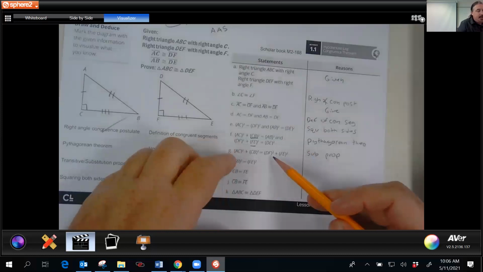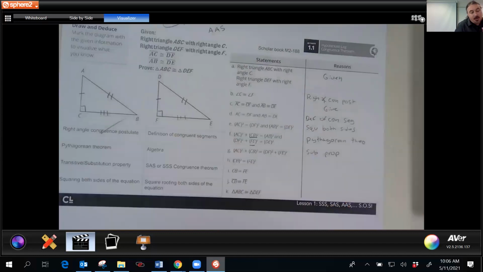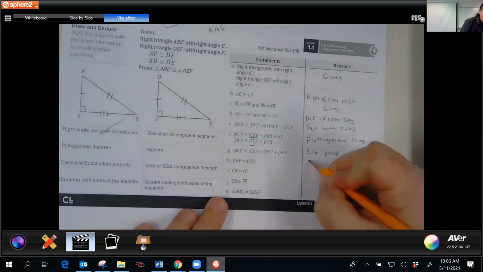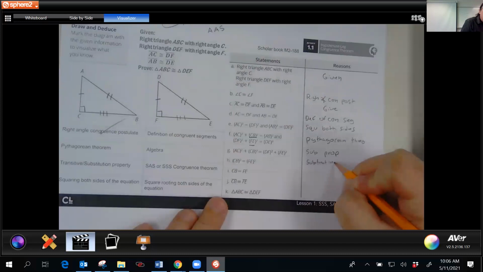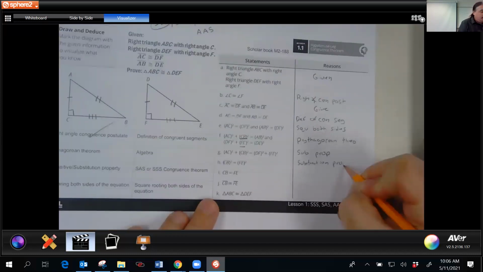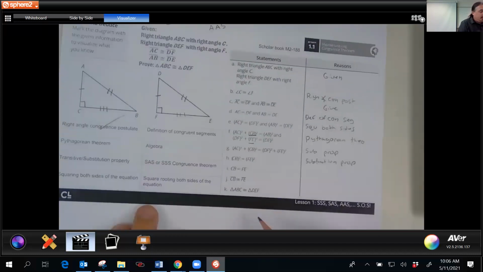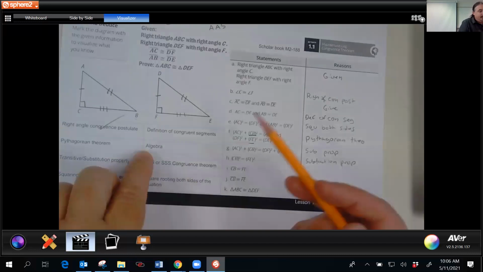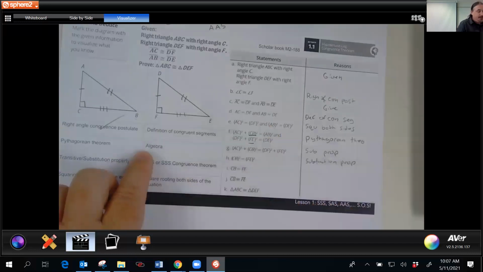We're saying that AC and DF are equal. If they're equal, they're the same numbers, like subtracting 1 and 1, 2 and 2. So those were subtracted. So that's what we're going to write down here: subtraction property. I know over here they say something else. They use algebra, but it's more than just algebra.